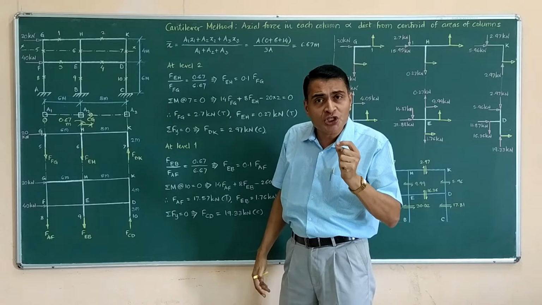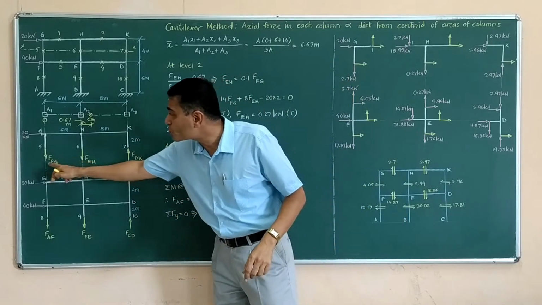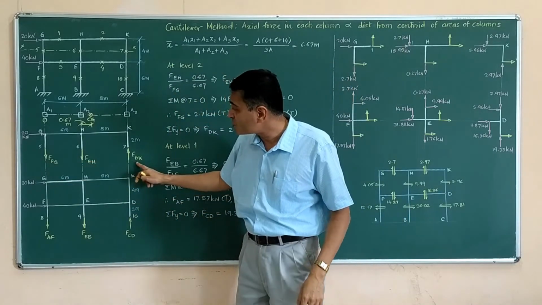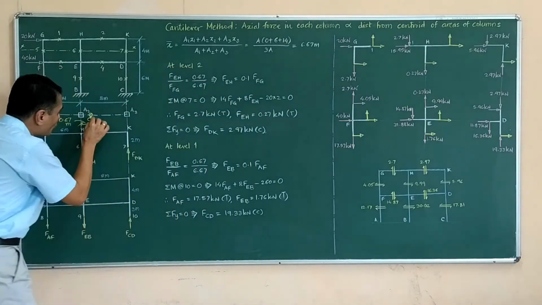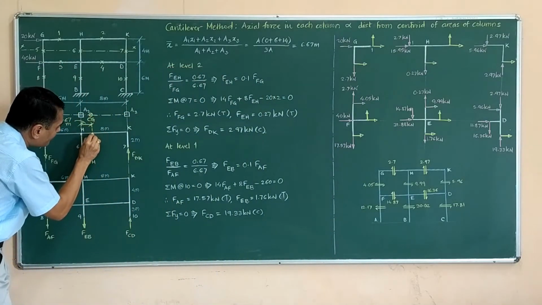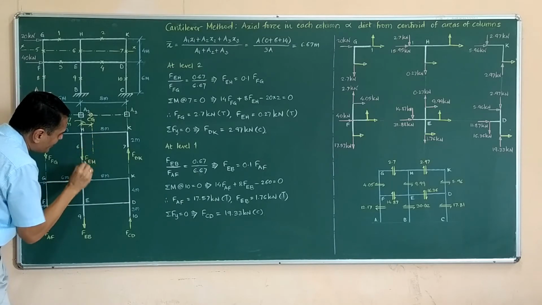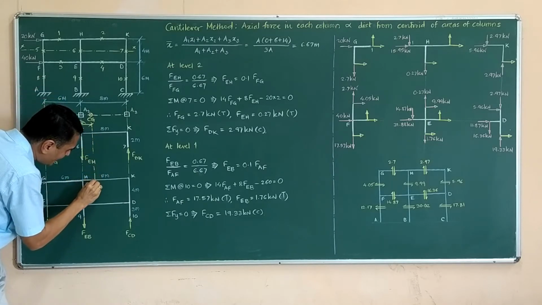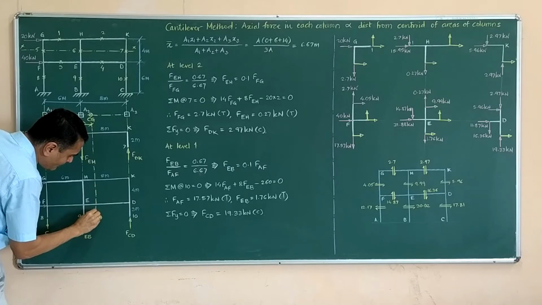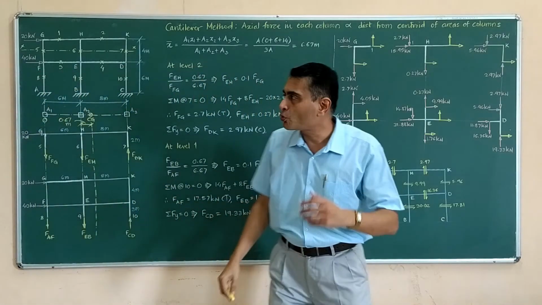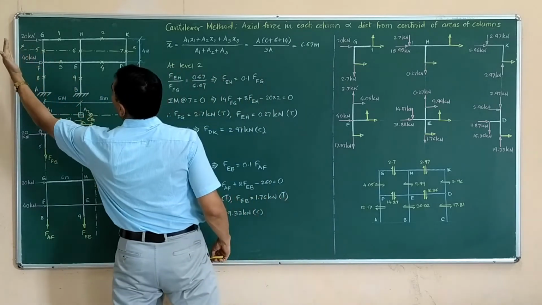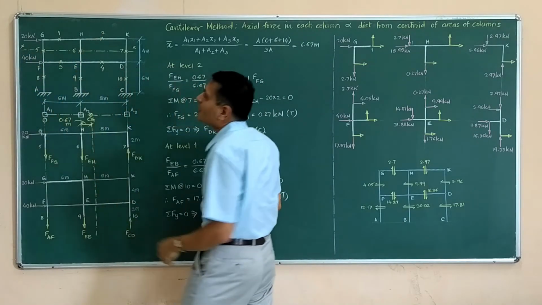Now what is the logic behind showing these two forces as tensile and this force as compressive? Try to understand. If I project my centroid, it is going to be a projection line like this. Now if you look at the forces, they are lateral forces, rightward forces like this.